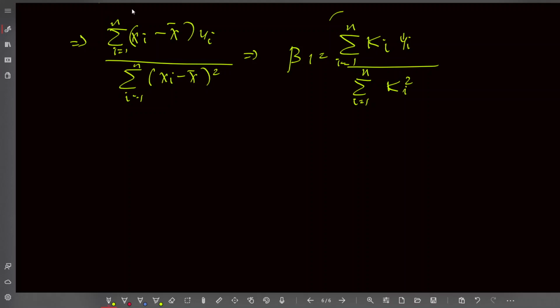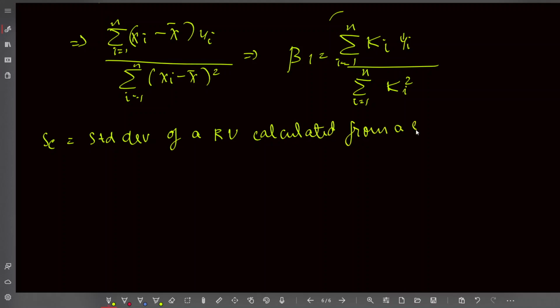So now let me define something called the standard error. Standard error is the standard deviation of a random variable that is calculated from a sample, okay? Standard deviation calculated from a sample is the standard error.